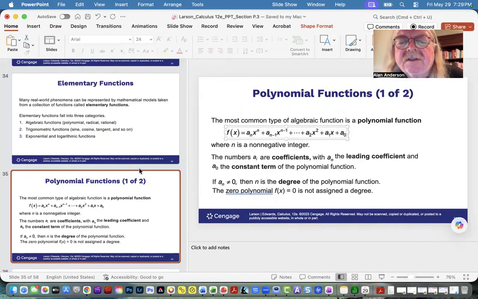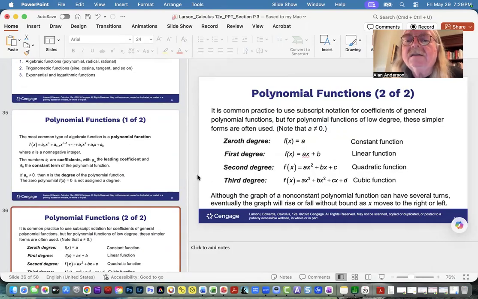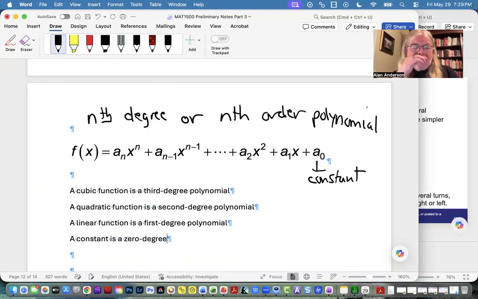But there are restrictions on it. Oh, and a constant. I left that one out. A constant is a zero degree, or zeroth degree, polynomial.